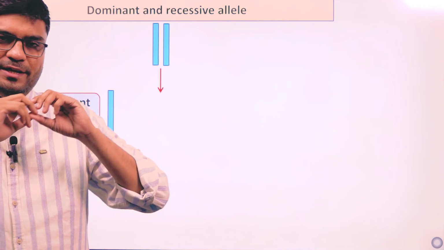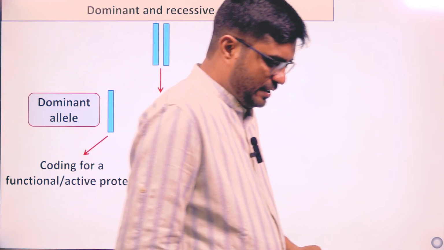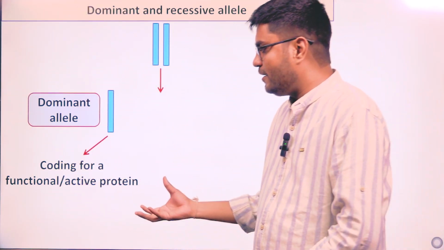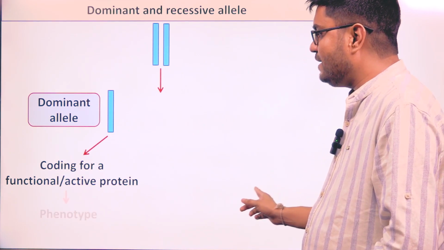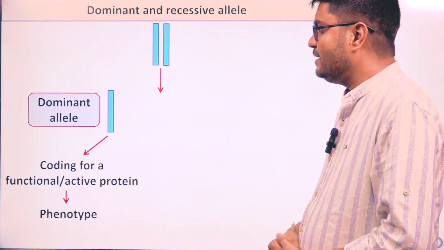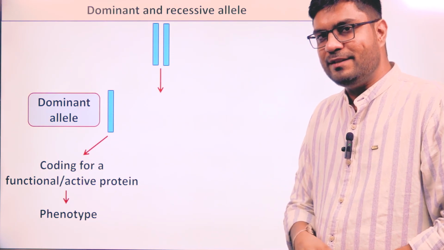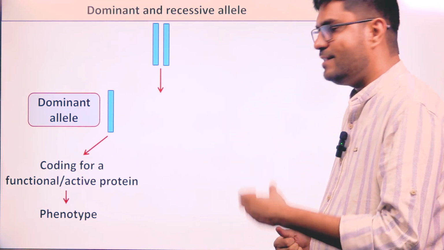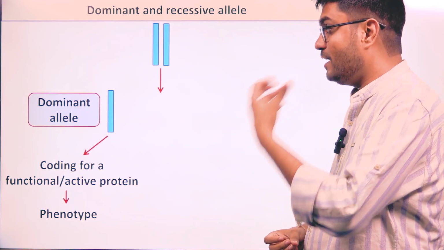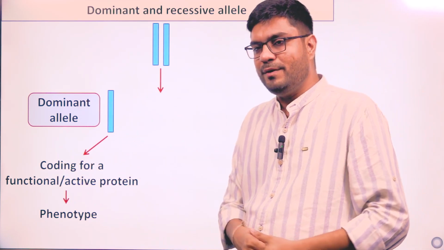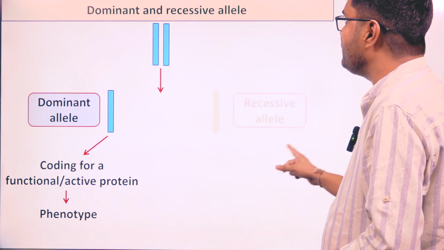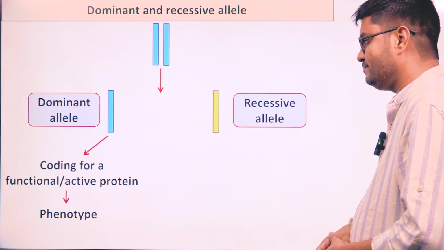So if a particular DNA sequence is giving us the functional or active protein, which is ultimately giving us phenotype, then that particular allele is called what? Dominant allele.